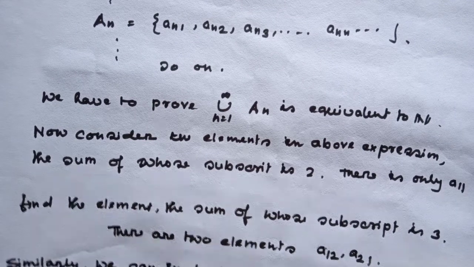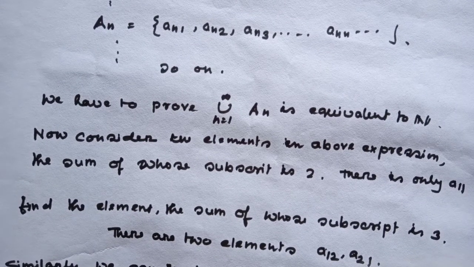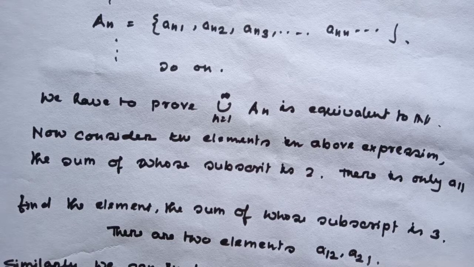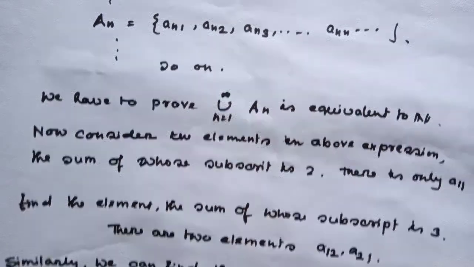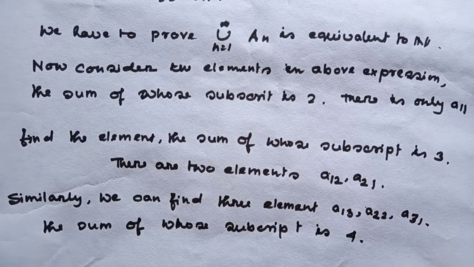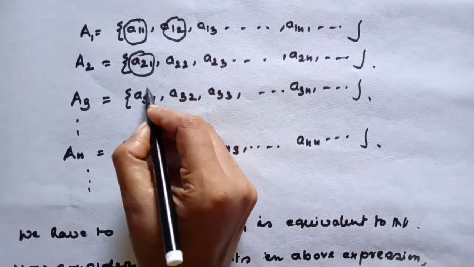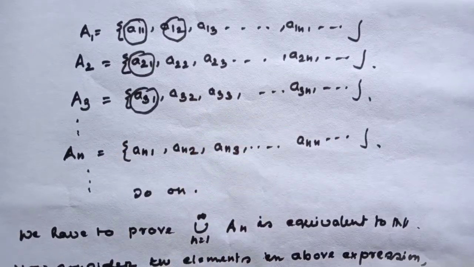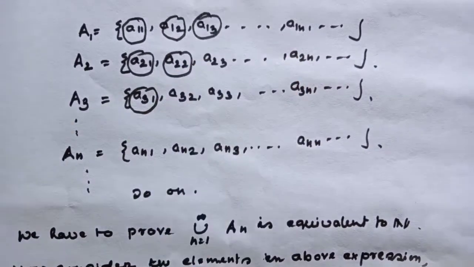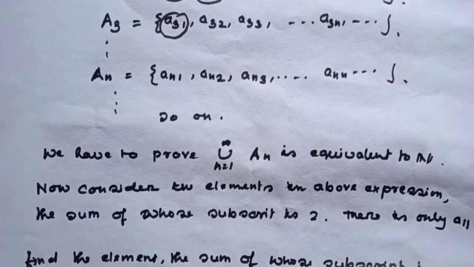The sum of whose subscripts is 4. Have you understood? That means A31, A22, A13, and so on.